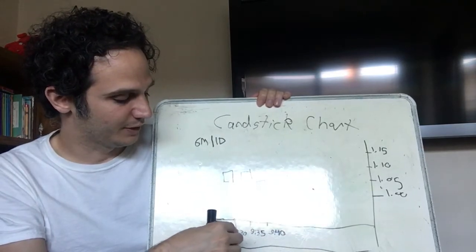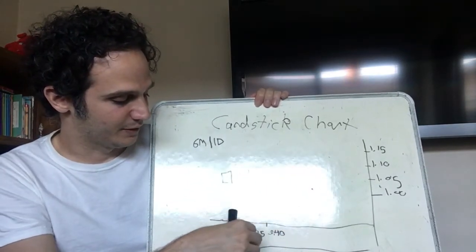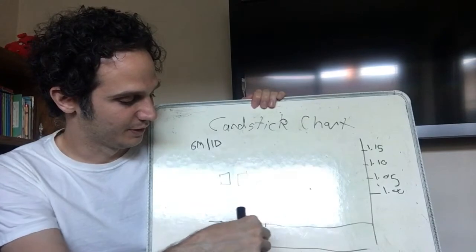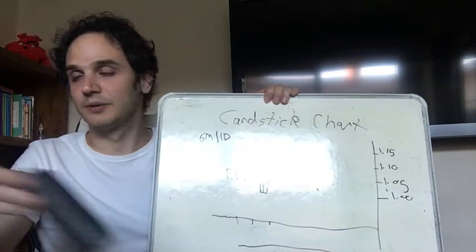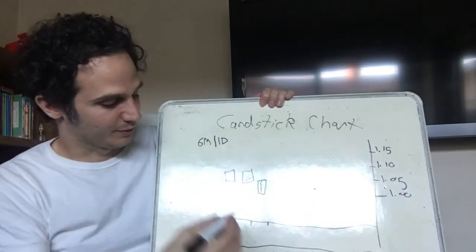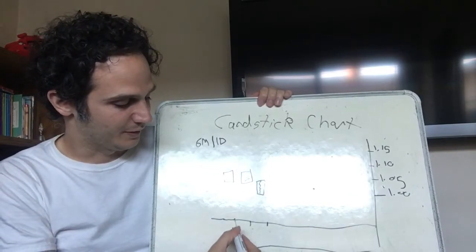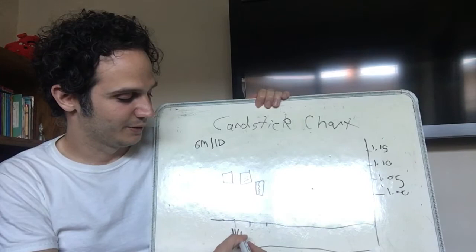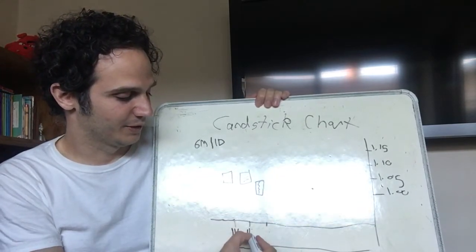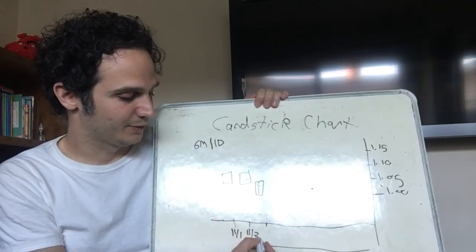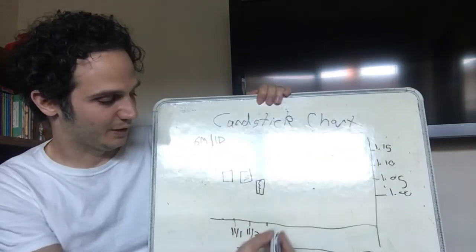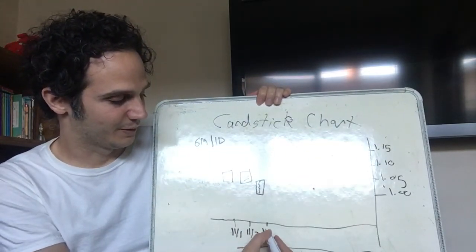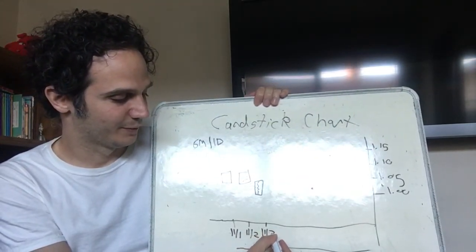So down here, instead of seeing times, you can see days. So maybe this was on 11/1, and then this would be 11/2, and then this candle would be on the 3rd of the month.